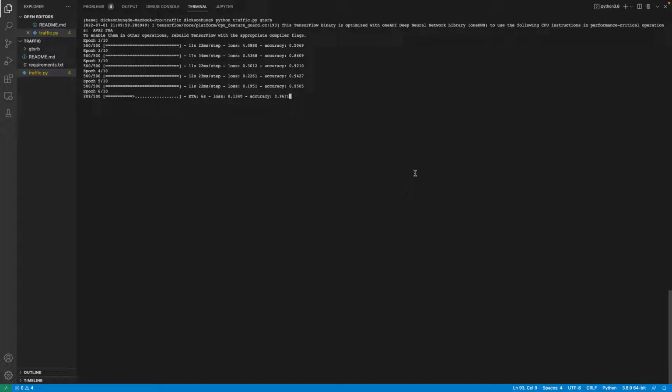And I've also tried some variations of the model by including an additional pair of convolutional and pooling layers.